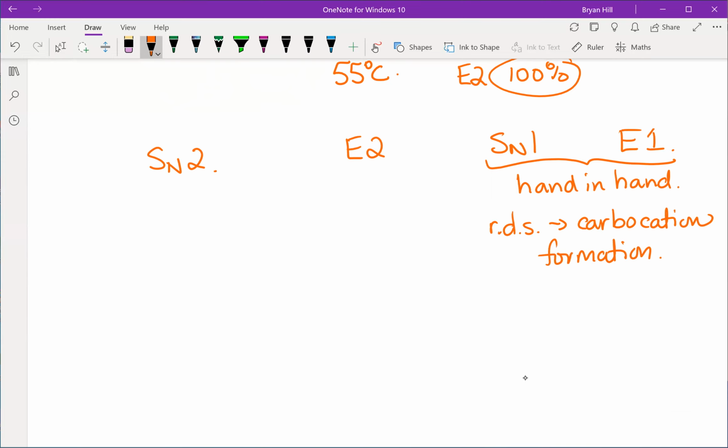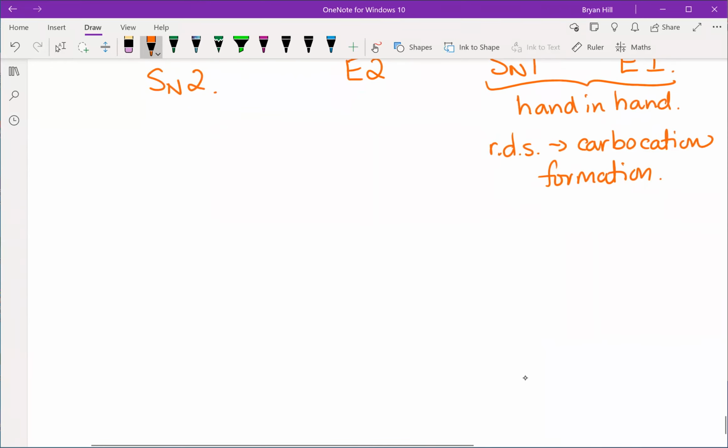And the second step, you can either do a substitution or elimination depending upon the reaction conditions. So I guess the next part to talk about is how to set up a reaction so it specifically does what we want it to do. So there's basically 3 different scenarios for what we want to do.